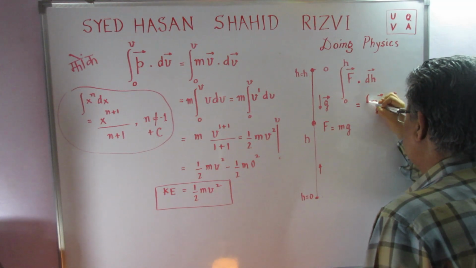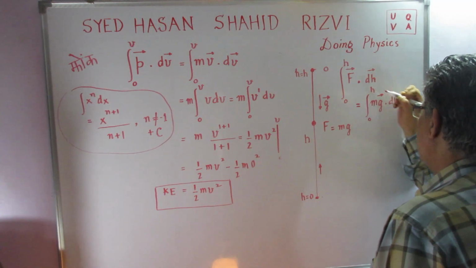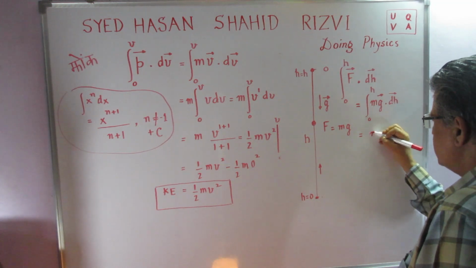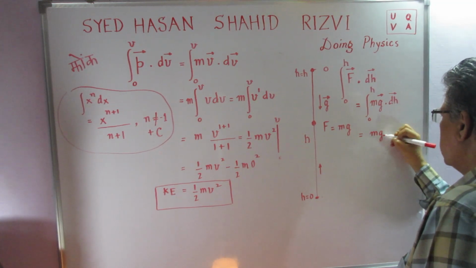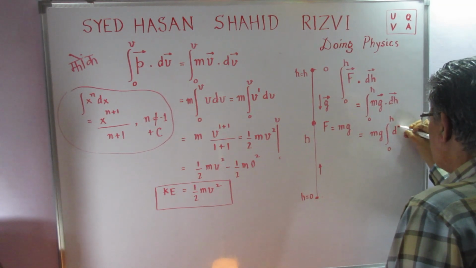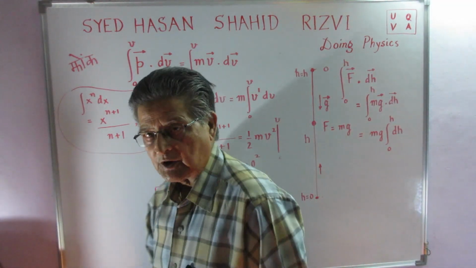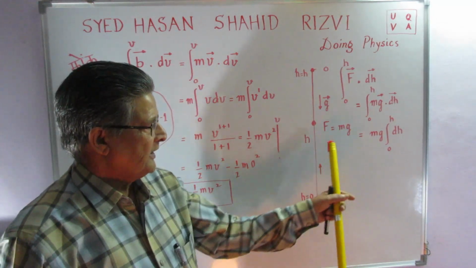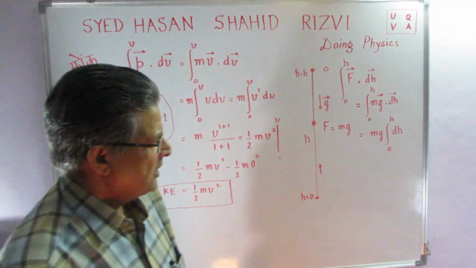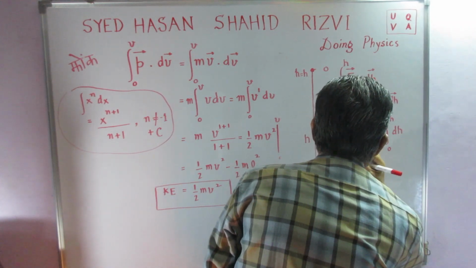Anyway, in all these cases, I can write this from 0 to h of mg as mg integral 0 to h dh. Do you understand why? Because mg is constant for the given mass under consideration. We take the mass as constant, and g is always taken as a constant close to the surface of the earth.